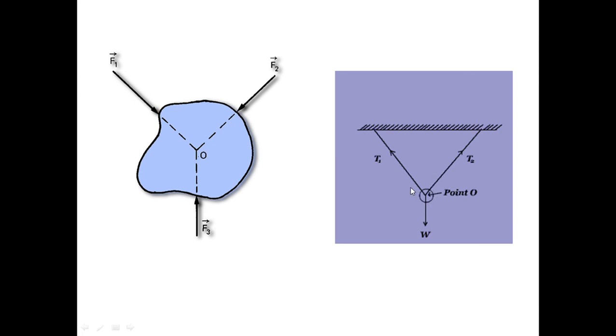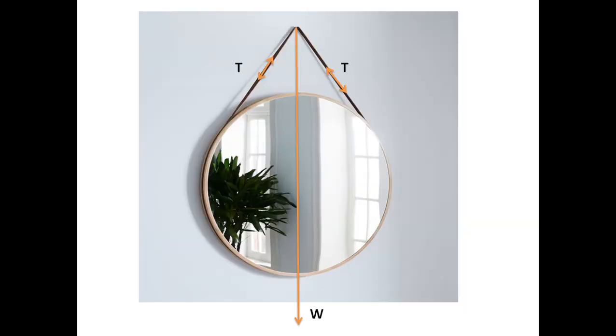Here also you can see three inclined forces applied on the object. Right? T1, T2, the weight acts towards the earth. Three inclined forces. What is the next example? Now you can see again three inclined forces acting on this mirror.